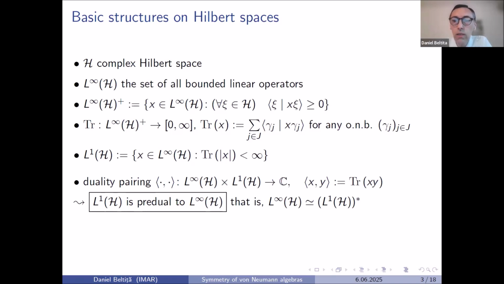Using this isomorphism, besides the norm topology, we can also endow L infinity with the weaker topology defined by this duality, which I will denote by W star. As we know very well, this is actually the natural topology of von Neumann algebras, so we will need it.